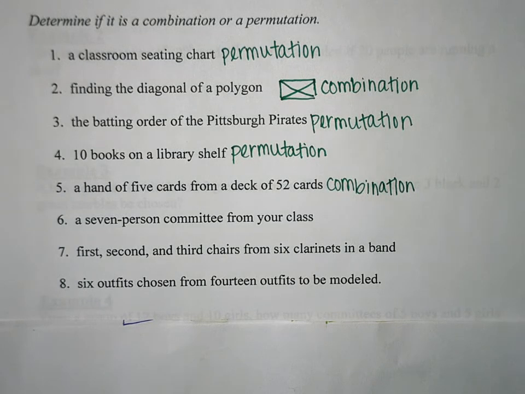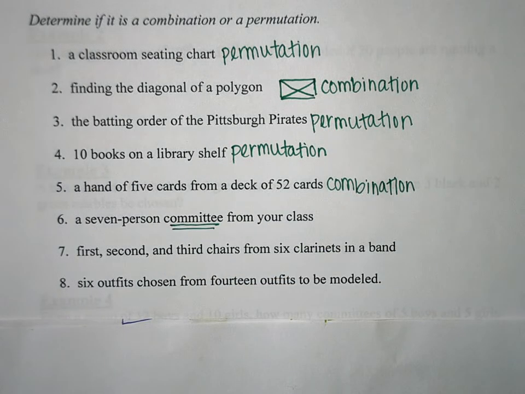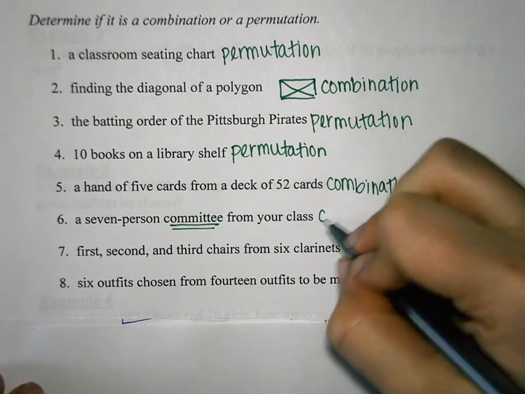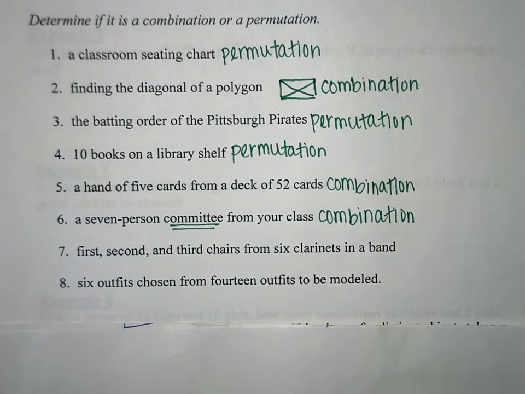Number 6, a 7-person committee from your class. Remember, a committee does not have specific order or rank, so that's also going to be a combination. Because it doesn't matter which order I pick you to be on the committee, you're on the committee, so that's the important part.